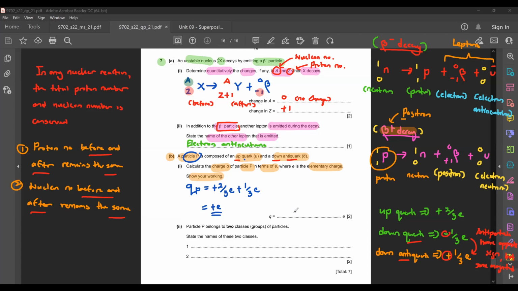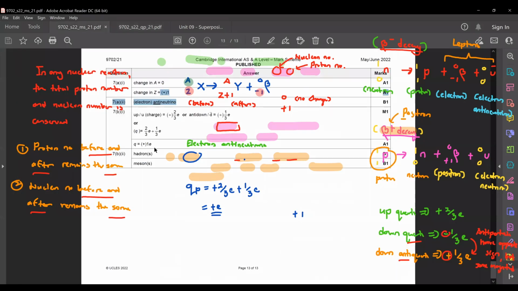So the charge is actually plus e, plus 1e. Okay, so let's check the answer whether it's correct. Yes, it is correct. So this one would be your particle's charge.